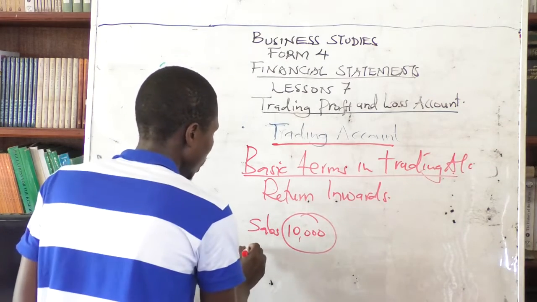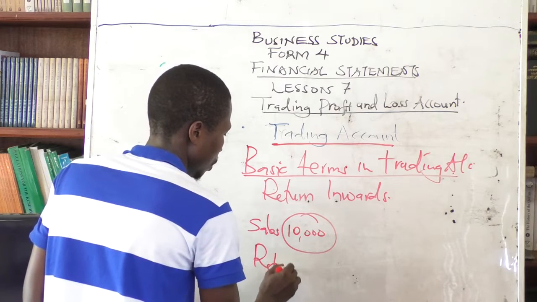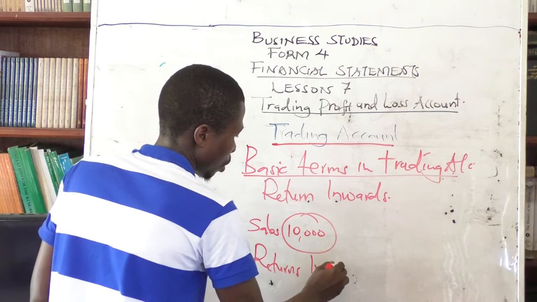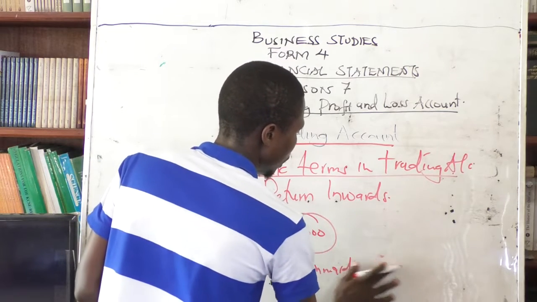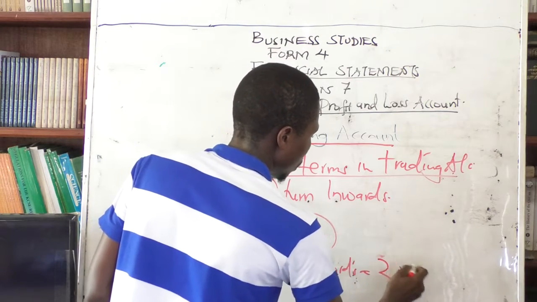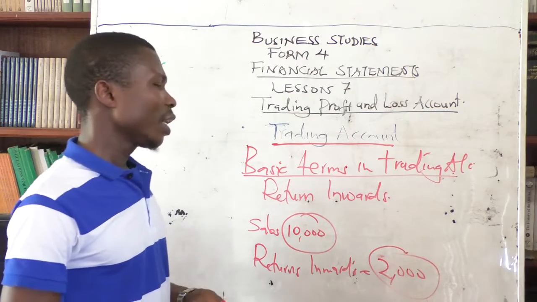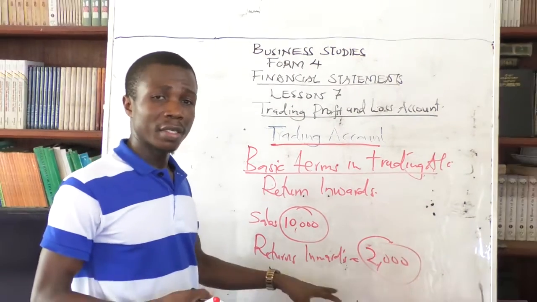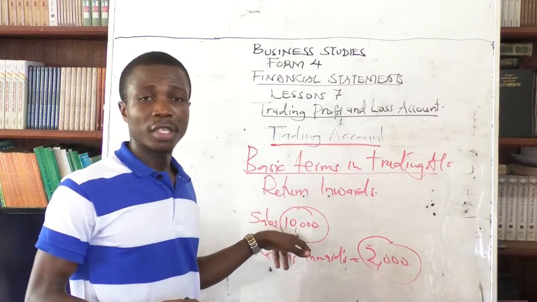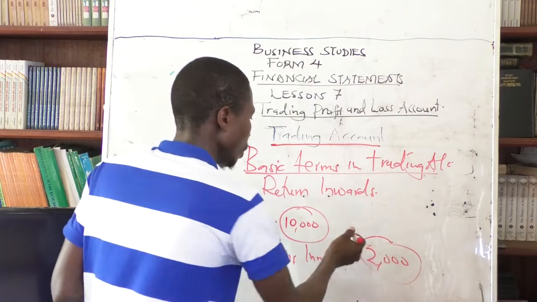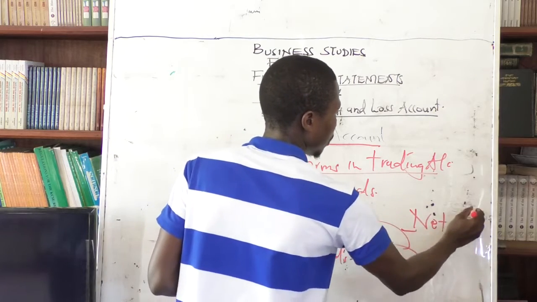Let's say return inwards was 2,000. So if there was any sales return by the customers to the business, it will be subtracted from the total sale. And when you subtract it from the total sale, you'll have what is known as net sales.